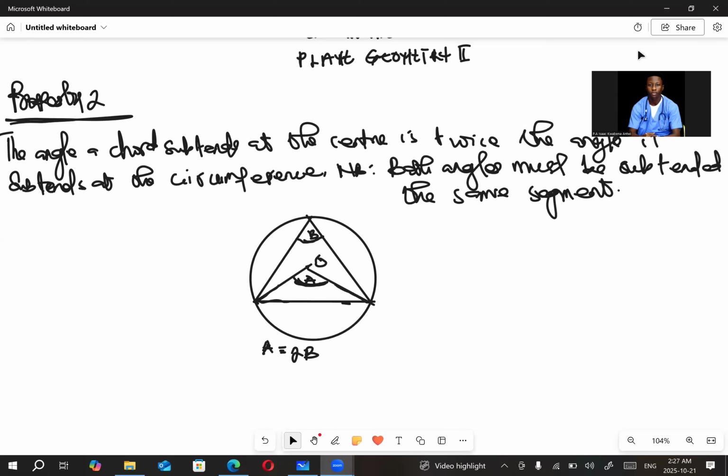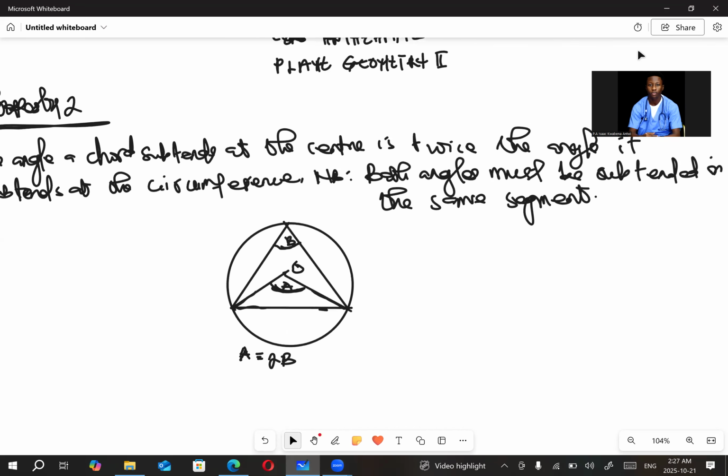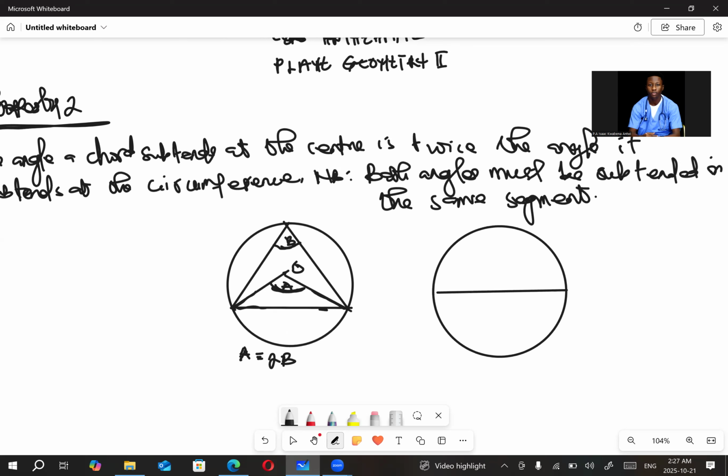Both angles must be subtended in the same segment. So what I mean is, this property only works when, for this circle, O is the center.